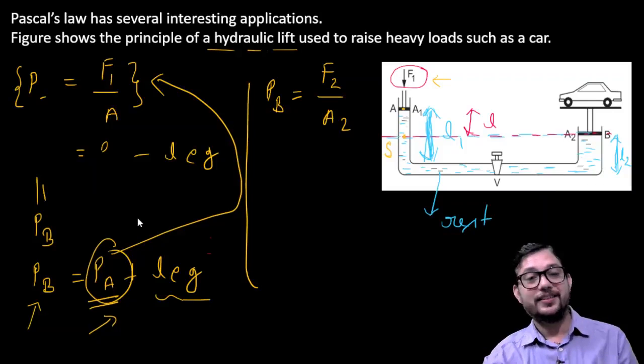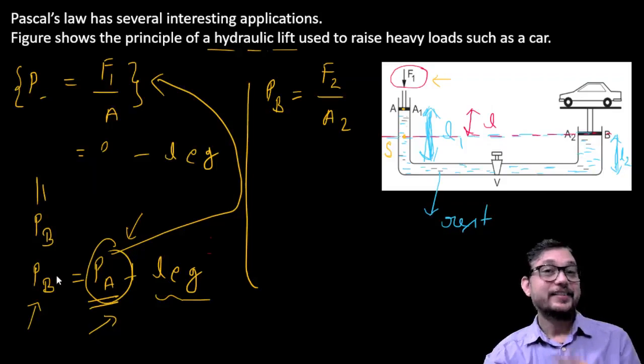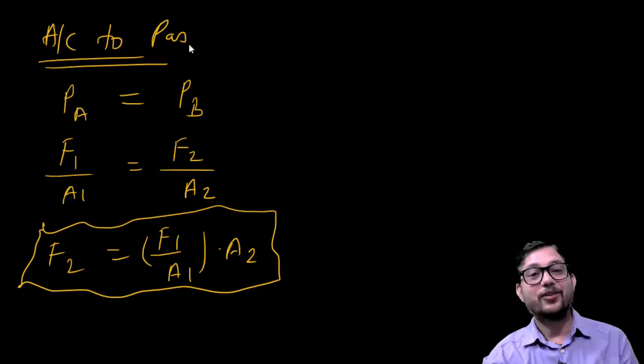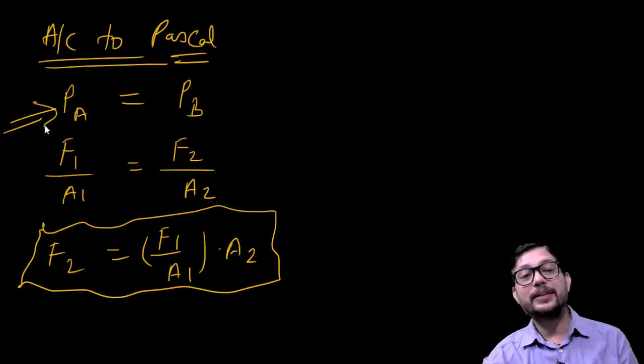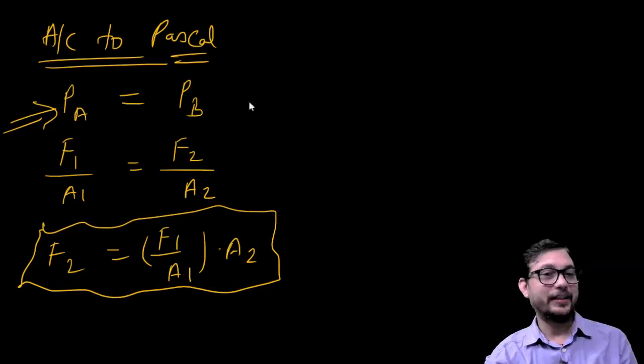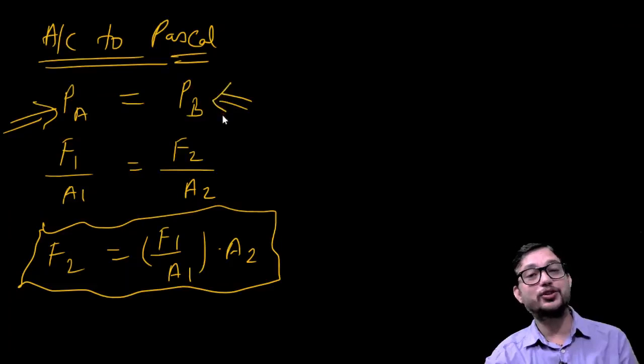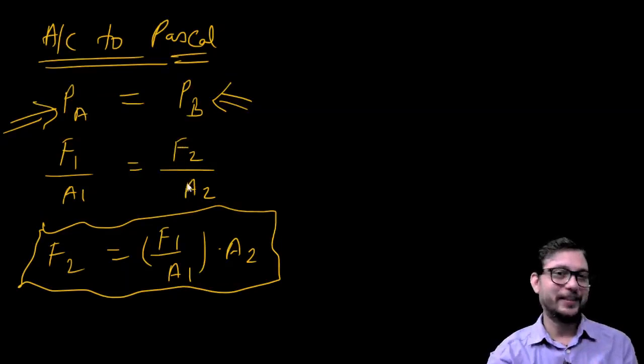When we increase the pressure at point A, the pressure at point B also increases by the same amount. According to Pascal, whatever amount of pressure increases at point A, that amount of pressure should increase at point B.